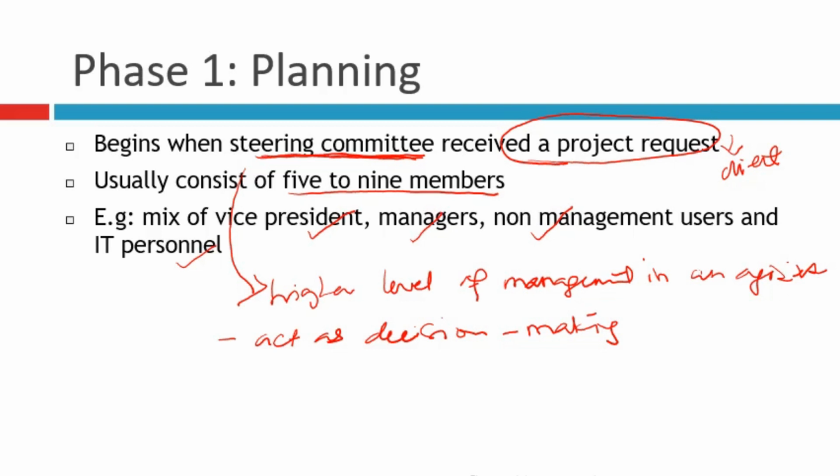For example, in our college, the steering committee might consist of our director, the heads of department, all the heads of unit, and a few representatives from different fields, such as the representative of lecturers, the representative of the students, and the representative of the staff, and so on. So they are grouped into what we call the steering committee.